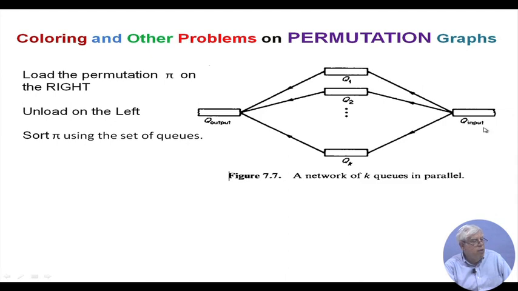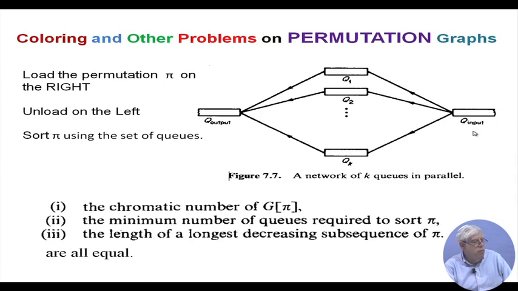Let's see an example. But before you see an example, this is the claim that I'm going to be showing you. That the chromatic number, the minimum number of colors needed to color the permutation graph, will turn out to be the minimum number of queues required to sort pi.